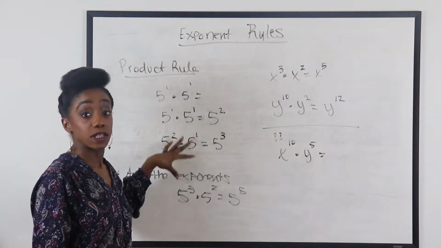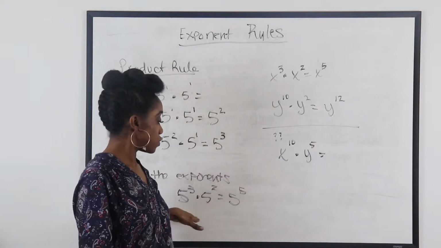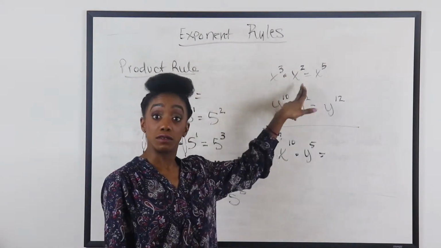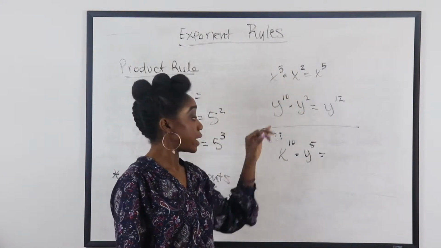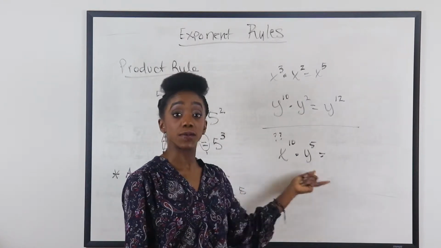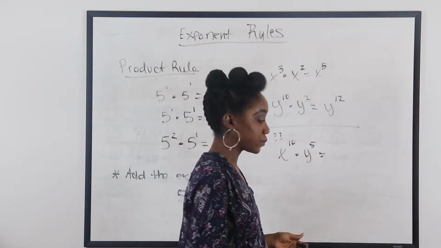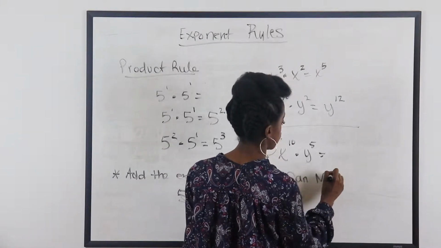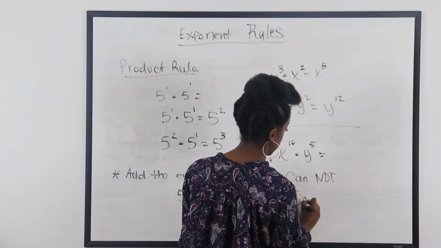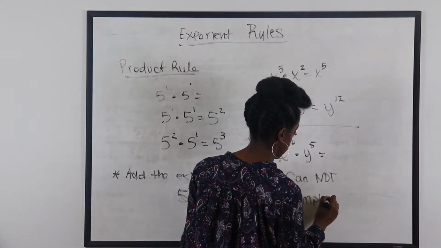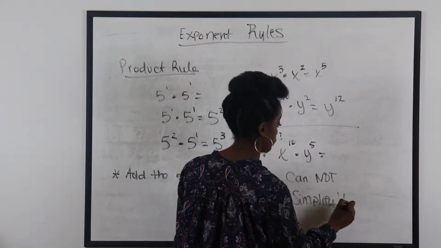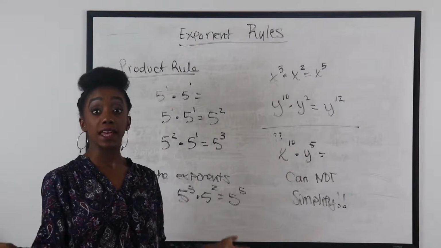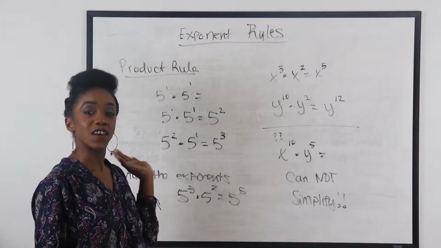Well, they all are using the same variable, okay, the same letter. And now here we have different variables and different letters. So guess what? We can not simplify. That is how you use the product rule of exponents.